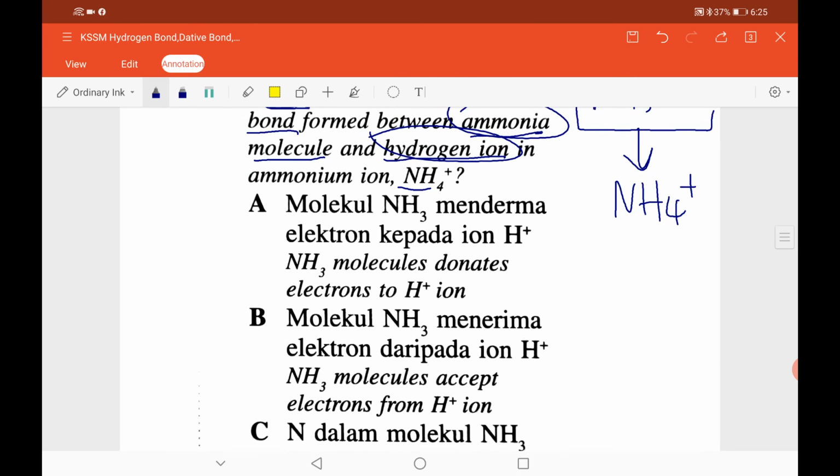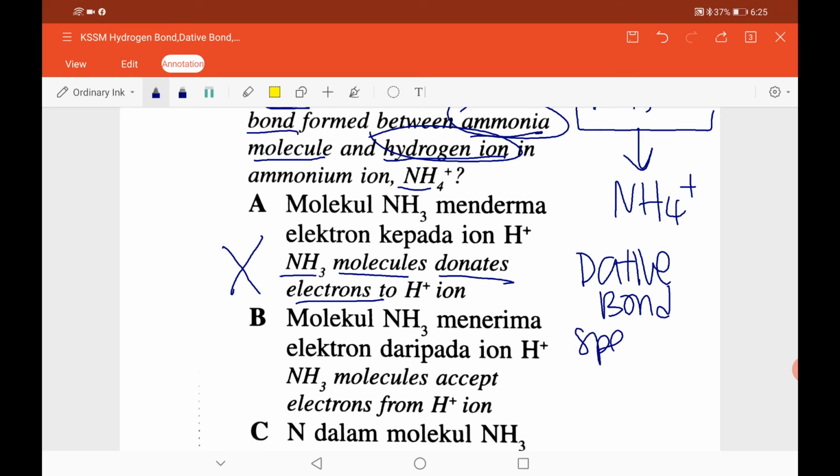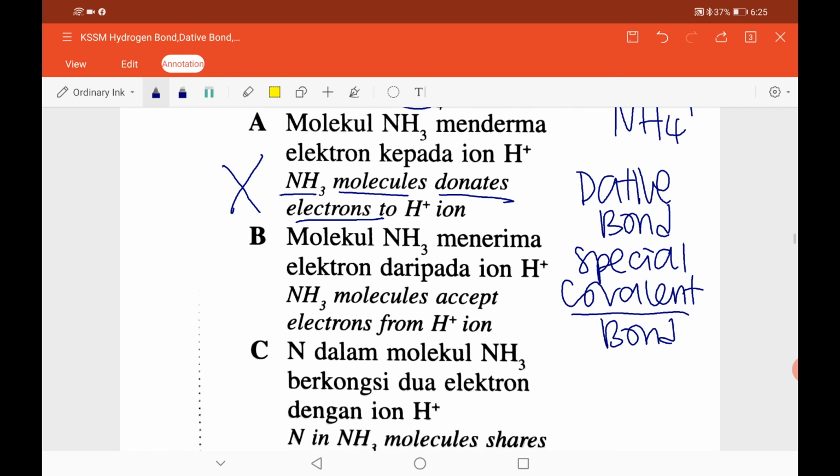So the first one, NH3 molecule donates electron. No, it's not donate, because dative bond is a special covalent bond. For covalent bond, the keyword is they share. They share, they do not donate. So answer A is wrong. Answer B, ammonia molecule accepts.